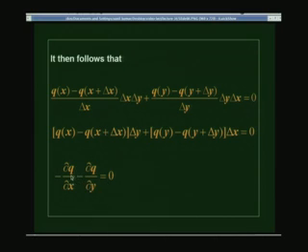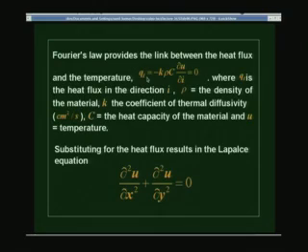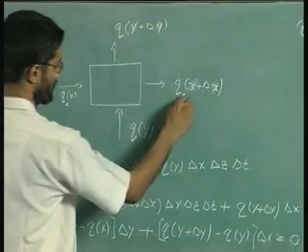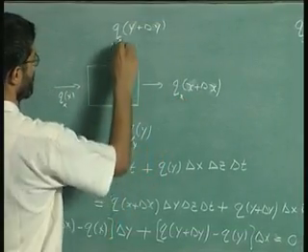But now the q's are the fluxes, and these fluxes are related to the temperature by Fourier's law, which says that q is proportional to the gradient. So we connect these fluxes to the temperature by Fourier's law. We denote the flux in the x direction by qx and the flux in the y direction by qy.